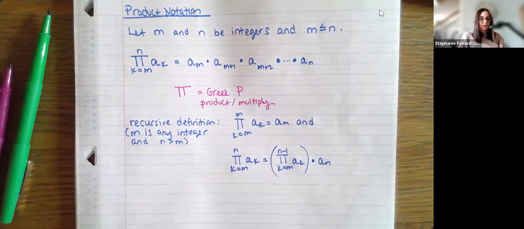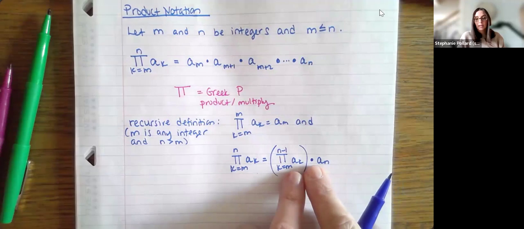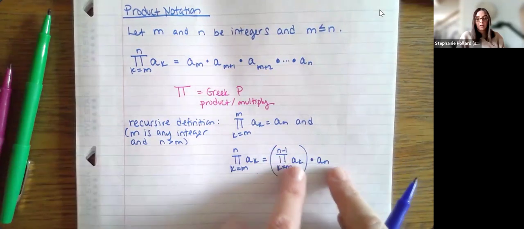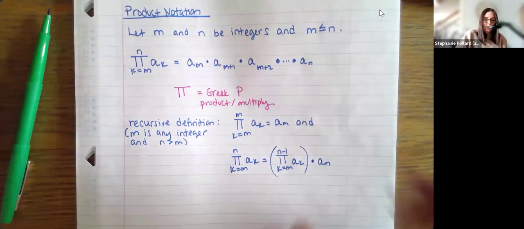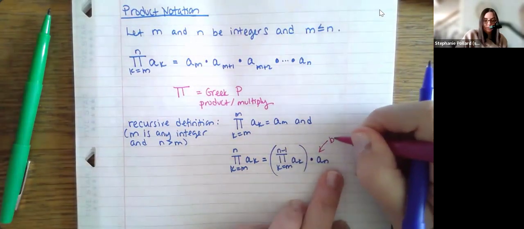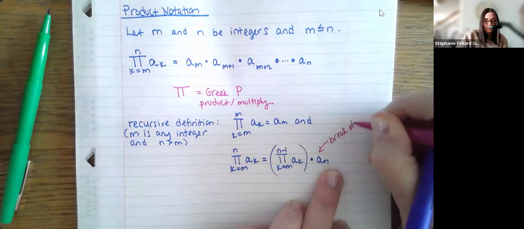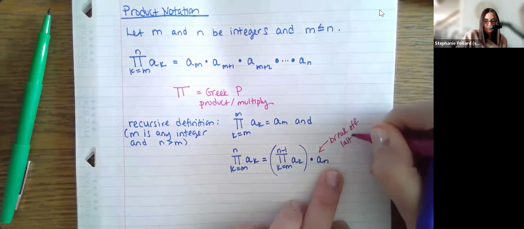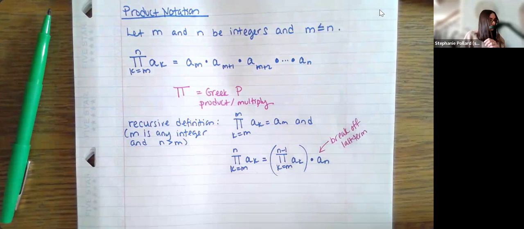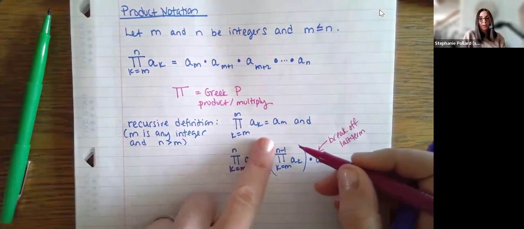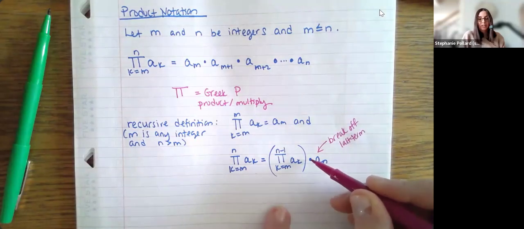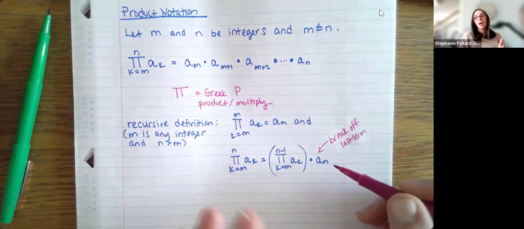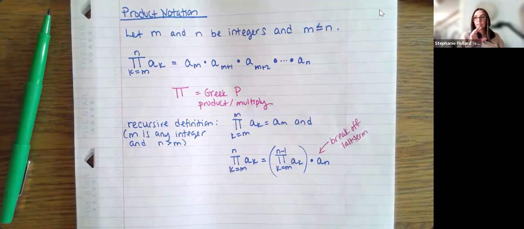But again, if you have a symbol in between and these are not in parentheses, then you should consider this to be a separate term. So in this case, we are breaking off the last term. Okay. And again, you could write it here without the parentheses, which assumes that the multiplication is separate. But if it's not clear, I tend to like to put parentheses just to really show the different parts.